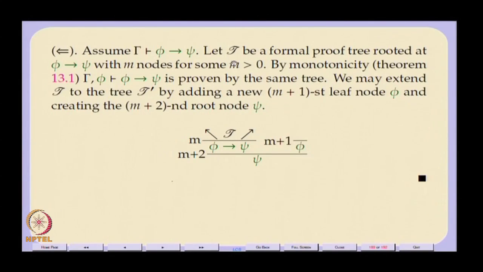But what we can do is add this. This proof tree has m nodes, you added an extra assumption, you can also add an extra leaf node. So, I take this original proof tree T rooted at phi arrow psi, add this extra assumption phi, and I get a conclusion psi by a simple application of modus ponens. So, this is actually a very powerful theorem.